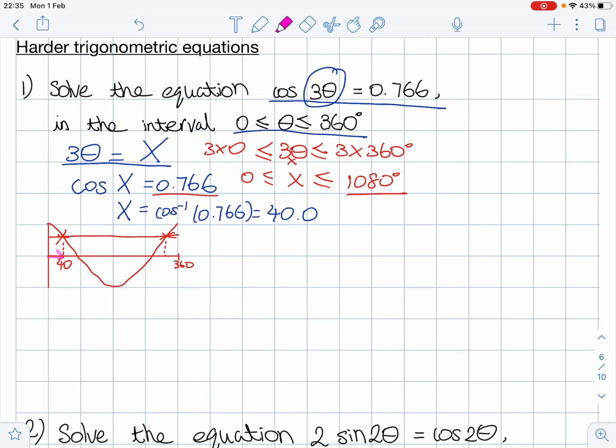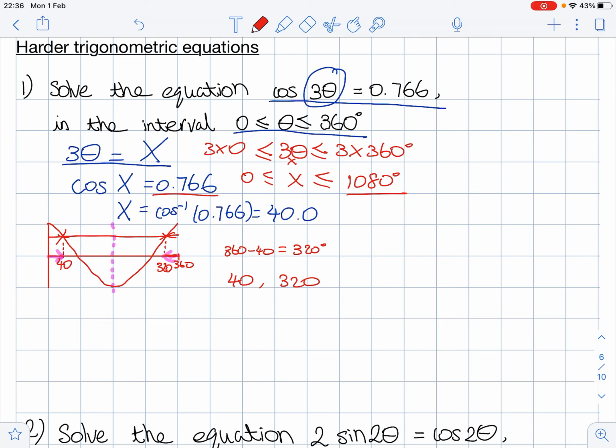Since I'm going forward by 40 here, I'm also going backward by 40 from 360 because of the symmetrical property of my cos curve. So this point must be 360 minus 40, which is 320. So my values on the first period are 40 and 320.